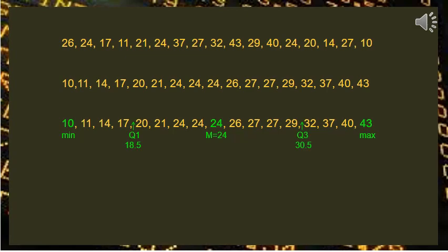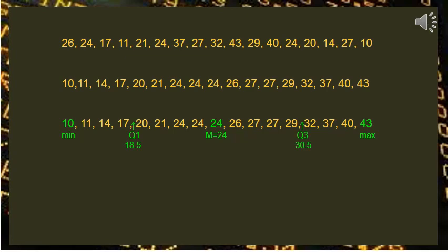I have 17 observations. It's an odd number, so the median will be an actual number in my distribution. I will use my formula, n plus 1 divided by 2. I have 17 observations. 17 plus 1, 18, divided by 2, 9. So my 9th observation will be my median. It's 24. If I want to find my first quartile, it will be the median of my smallest half.